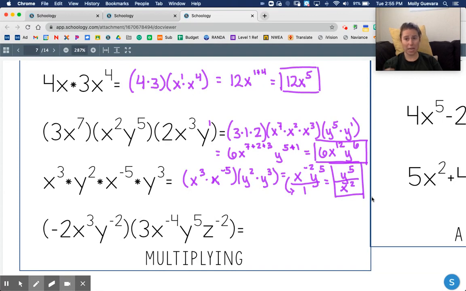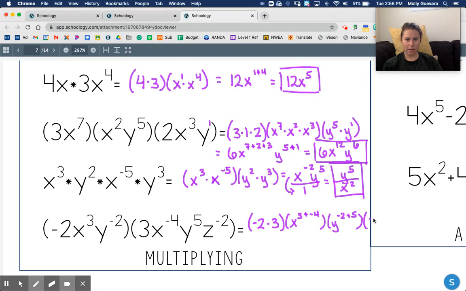So again, you cannot leave your answer with a negative exponent. All right, last one here. I have negative 2 times 3. I have x to the 3. I'm just going to go ahead and start adding it, plus negative 4. And then I have y to the negative 2 plus 5.